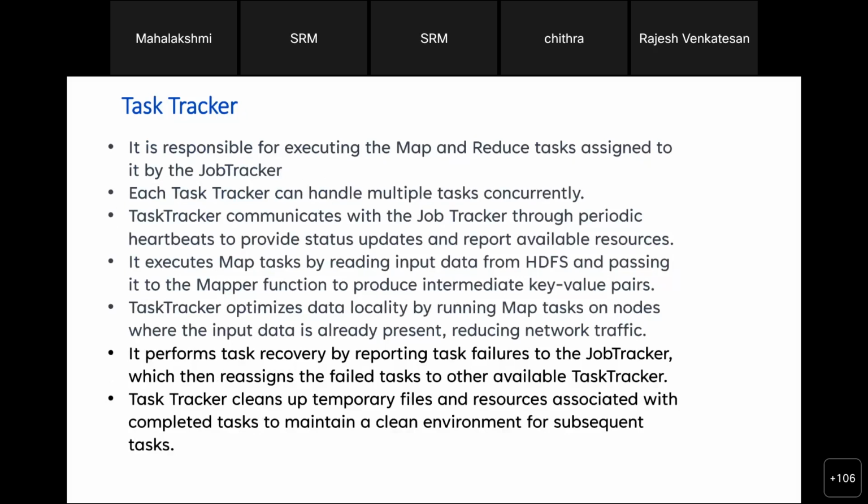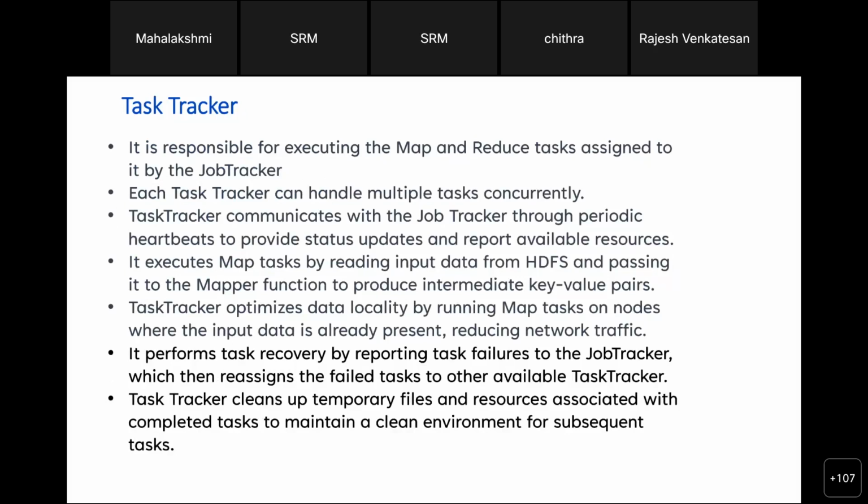Now the task tracker. As said, the task tracker is our employee. It is responsible for executing the map and reduce tasks as assigned by the job tracker. It handles multiple tasks concurrently.